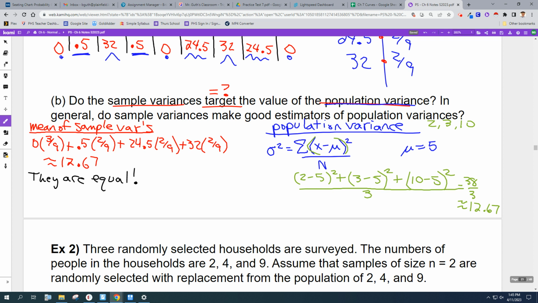That tells me two things. It tells me that the sample variance targets population variance.